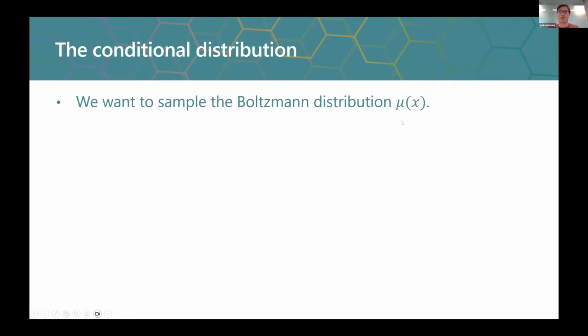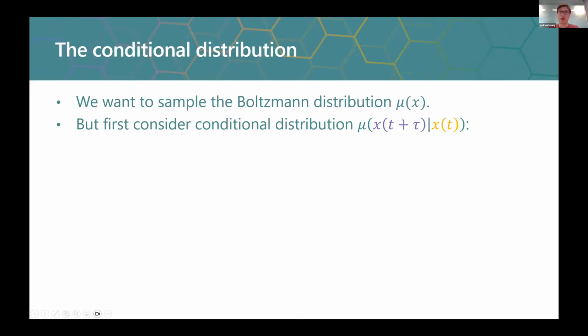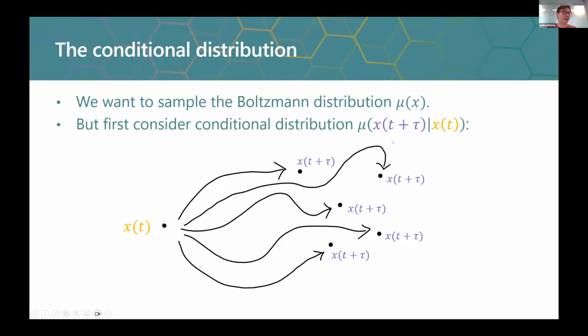So we want to sample from this unconditional distribution mu, but let's first consider a time conditional distribution where we consider the state of the system at a time t and the distribution of that state at a time t plus tau. Tau is some finite time step in the future. So you can imagine starting at some time t, there are many possible locations, x of t plus tau, the system could end up with because there's randomness in the system due to thermal fluctuations. And this conditional distribution tells you what the distribution of the outcome is going to be.